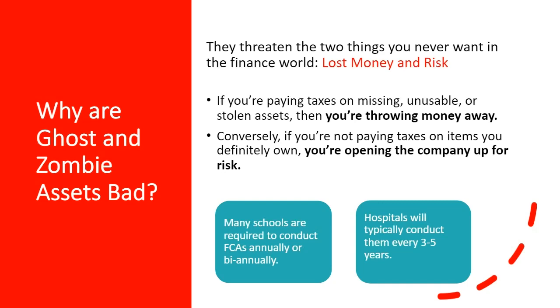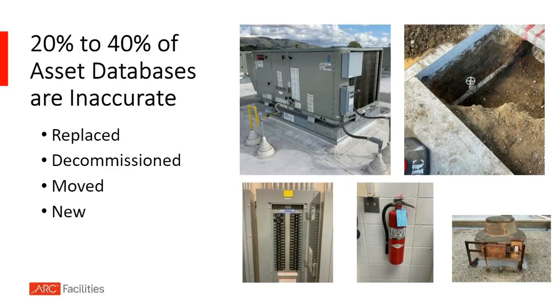Okay, hospitals, I traditionally am hearing 3 to 5 years. So again, it doesn't take a lot for your equipment database to get out of whack. But that means also most orgs that I talk to, they say that their equipment databases are off by as much as 20 to 40%.